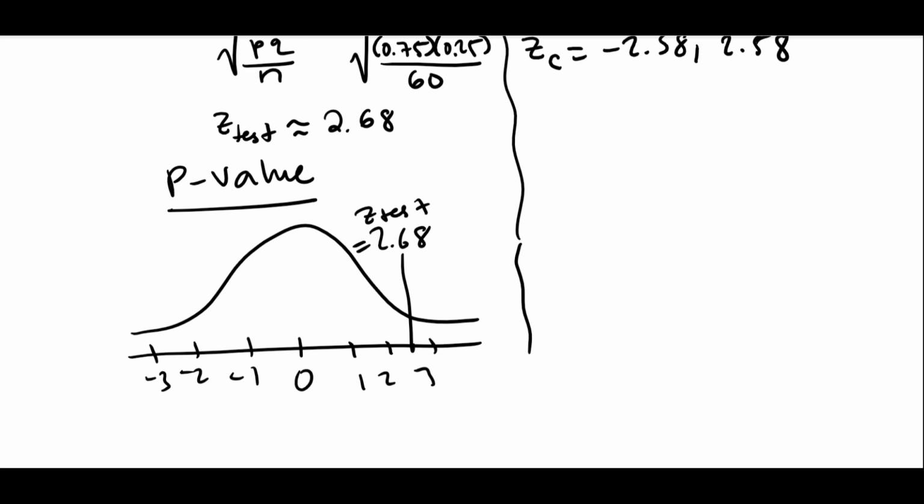Now, because it's a two-tailed test, we got to do the negative version over here as well. Then we're going to shade our p-value, which I will do in blue. P-value is blue, rejection region is red.